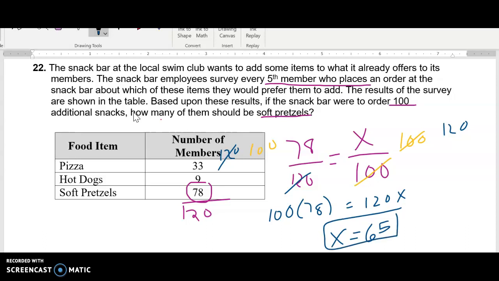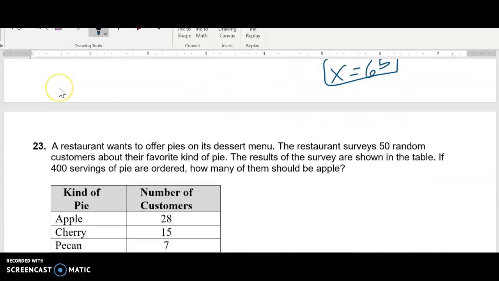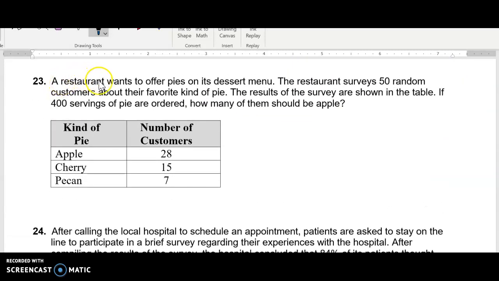Okay, and then, let's see. A restaurant wants to offer pies on its dessert menu. The restaurant surveys 50 random customers, love that it says random, about their favorite kind of pie. The results of the survey are shown in the table. 400 are served. How many of them would be apple? This says the total is 50, so they already added it up, and they have 28 out of 50.